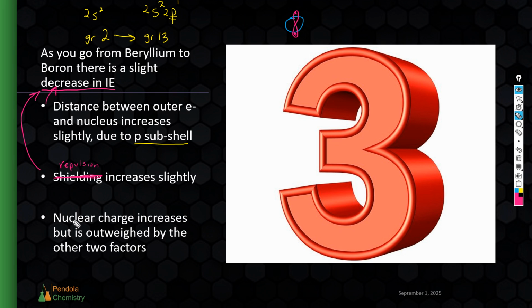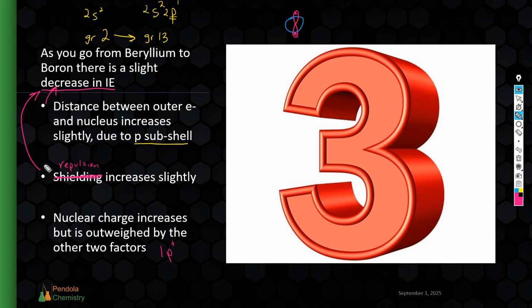And now finally, the nuclear charge does increase, but it is outweighed by the other two factors because it's only an increase of 1 proton. We get 1 extra proton from group 2 to group 13, and that 1 extra proton is not enough to outweigh these other two factors.